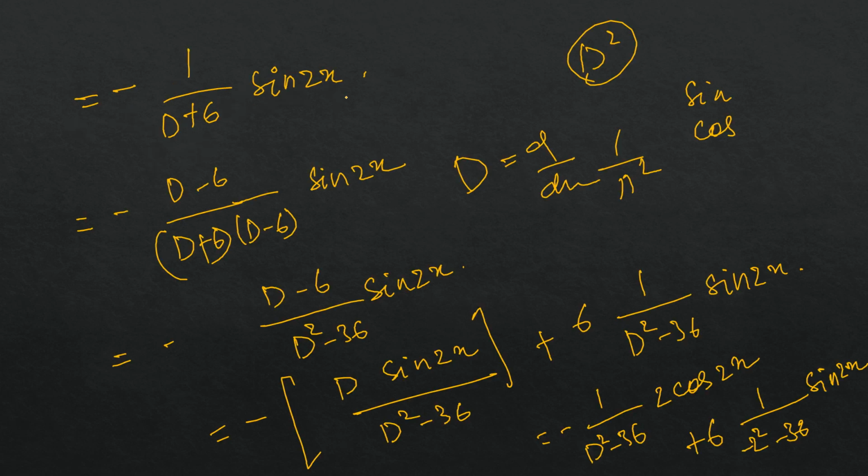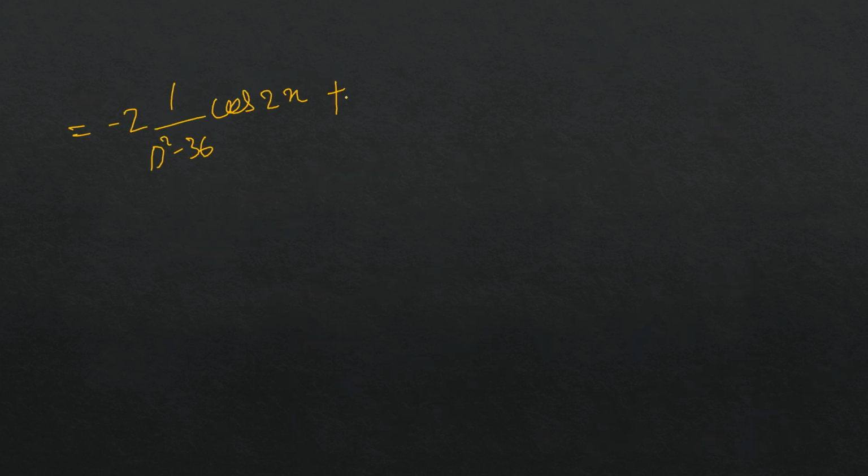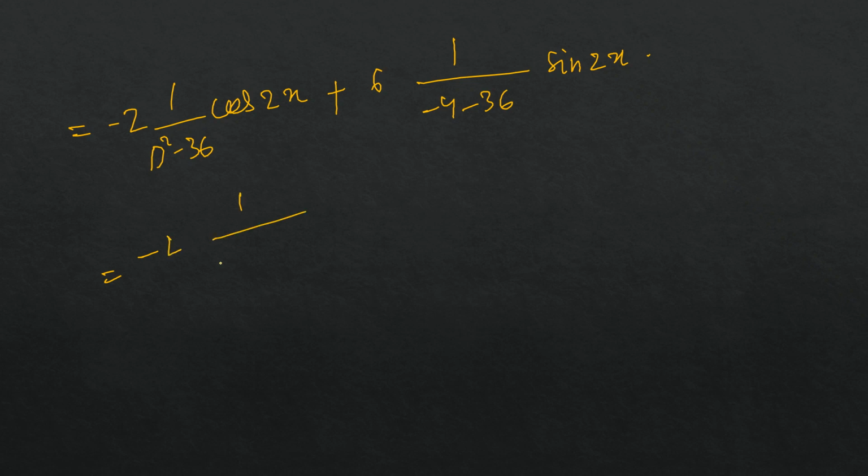Now minus 1 by D square minus 36. 2 will come out, cos 2x plus 6 sine 2x, over minus 4 minus 36. And that will be minus 2 by minus 40, cos 2x minus 6 by 40, sine 2x.